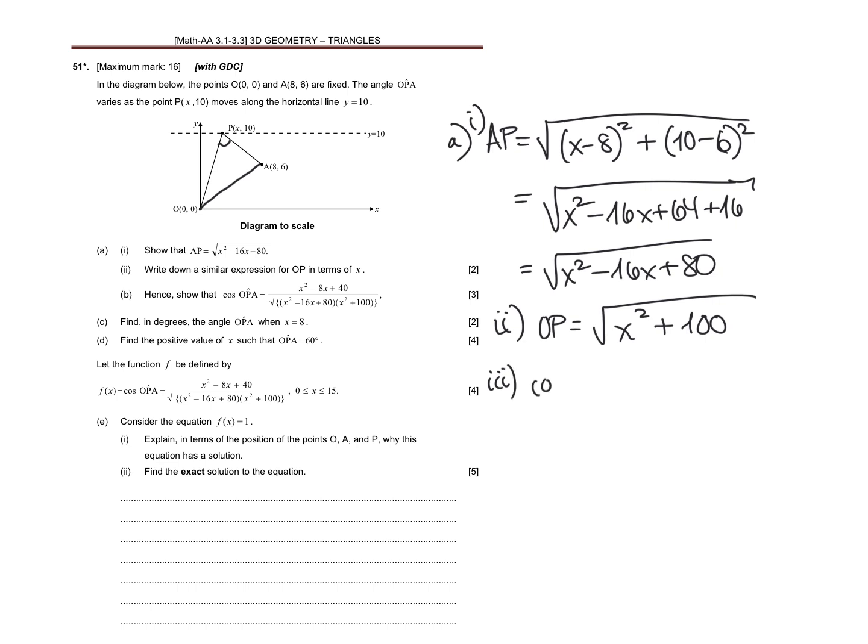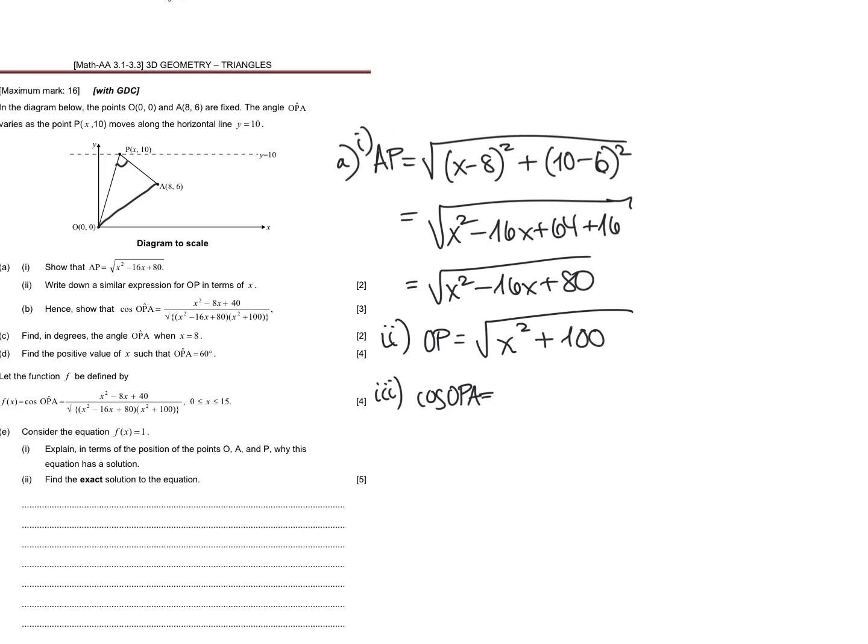So we're going to have cosine OPA equals... O to A, okay, so OA, we have to do that. So that's going to be 8 minus 0 squared plus 6 minus 0 squared. So that's 64 and 36, root 100, which is 10.